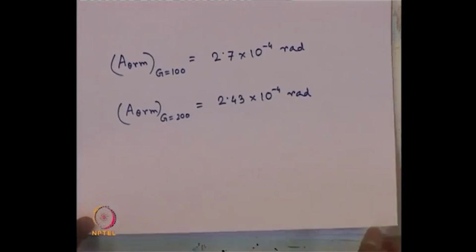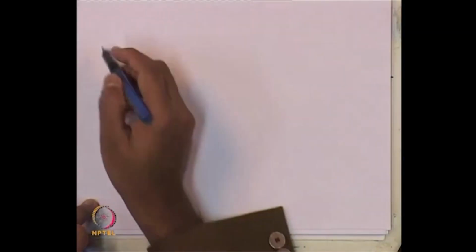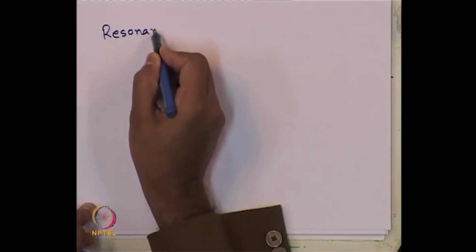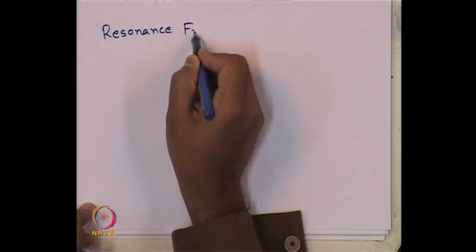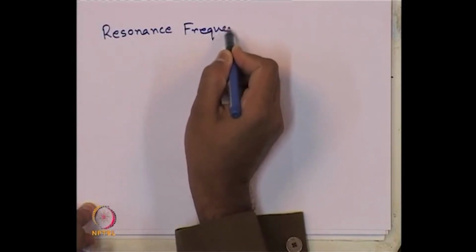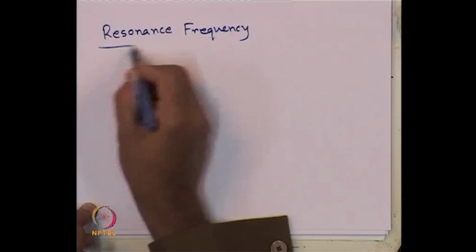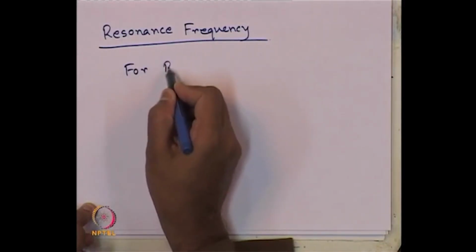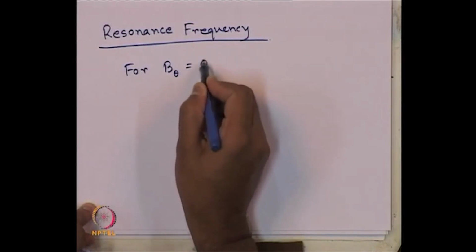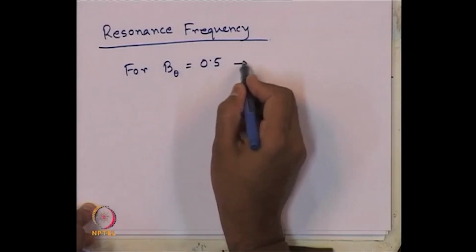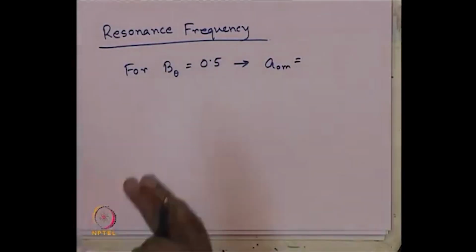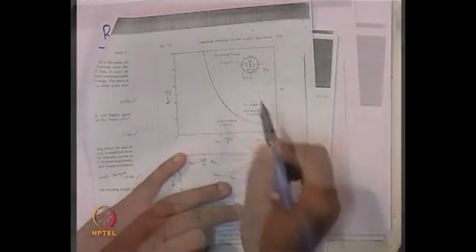Now, what is the resonant frequency we need to compute? For the value of B theta we had calculated as 0.5, A naught m we need to calculate for this B theta equals 0.5 from this design chart.